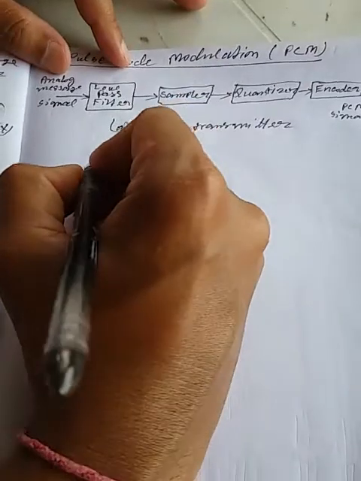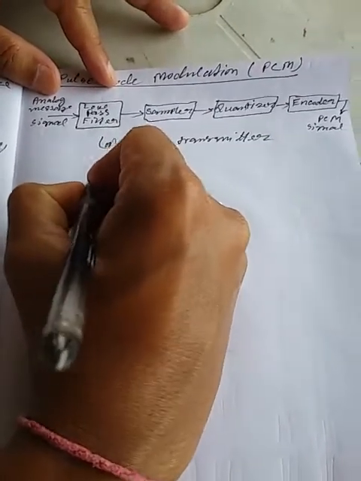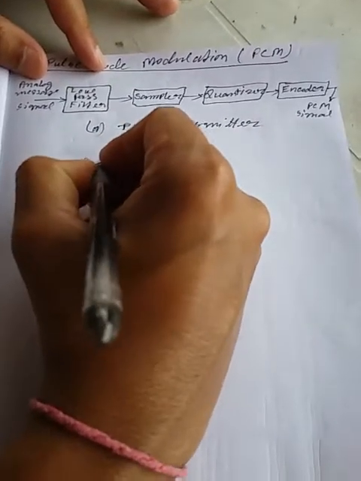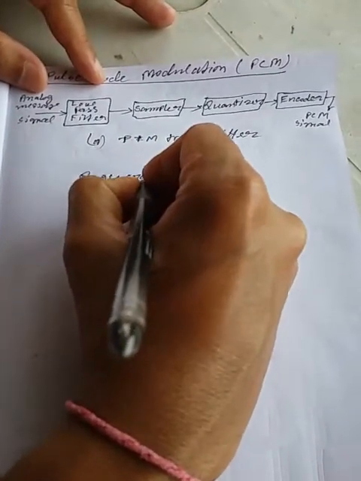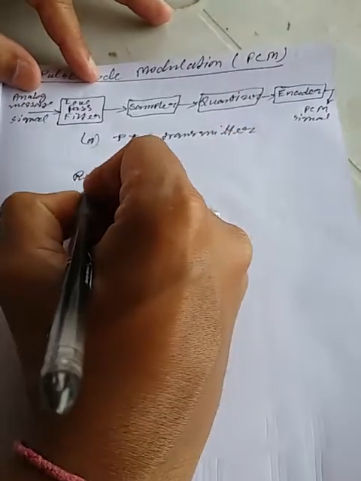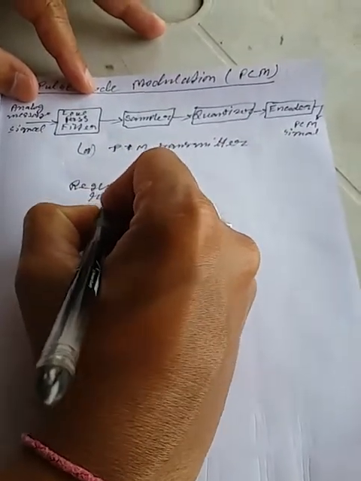Now in the transmission path there are some regenerative repeaters.